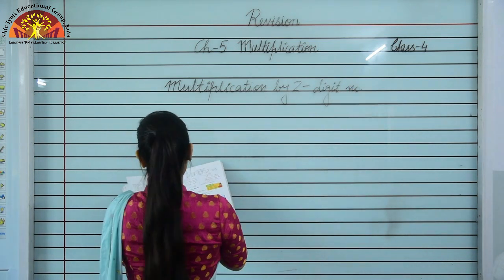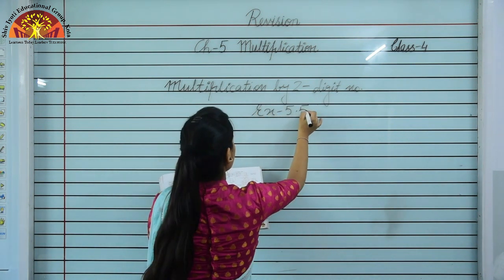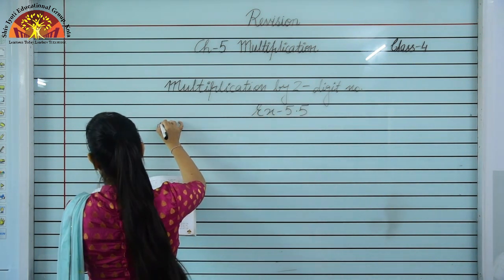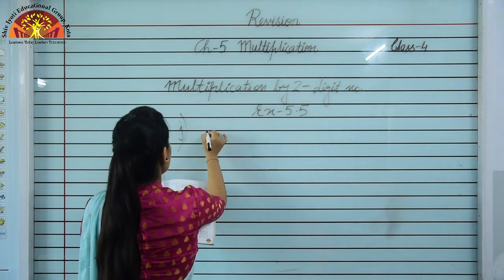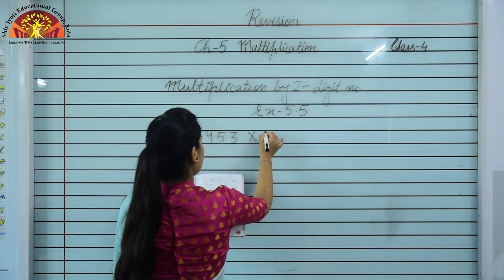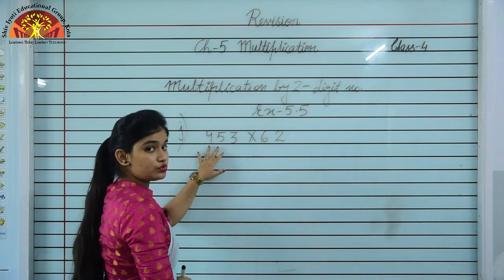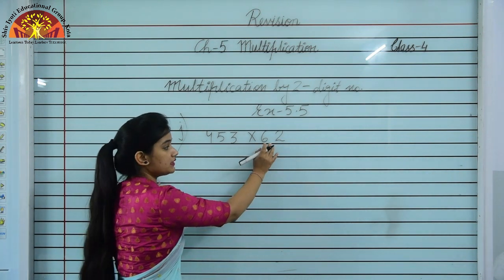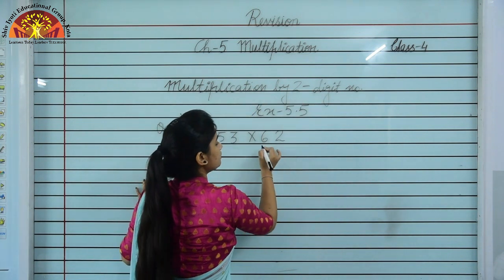So students, we are taking exercise 5.5. Question number J. J part we are taking, that is 453 multiplied by 62. Look at the first number, students. This is 3-digit number and this is 2-digit number, and we are doing multiplication by 2-digit number.